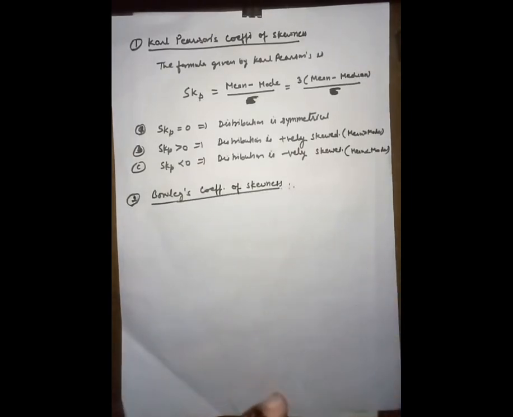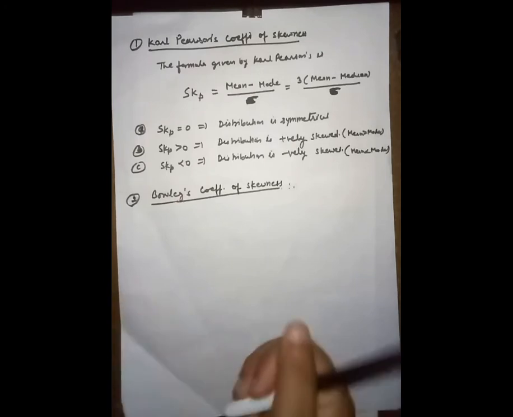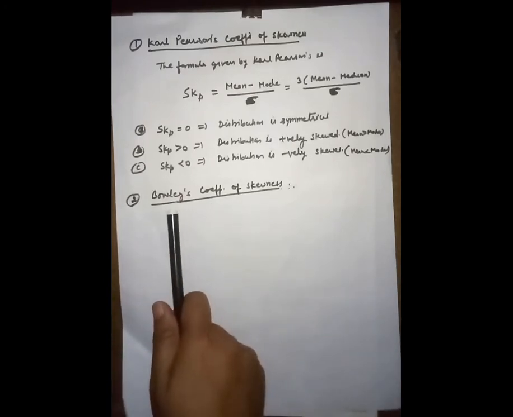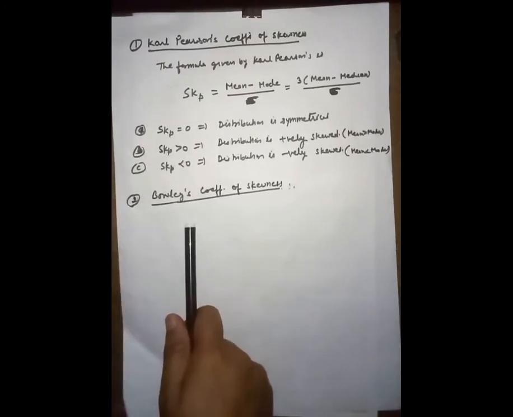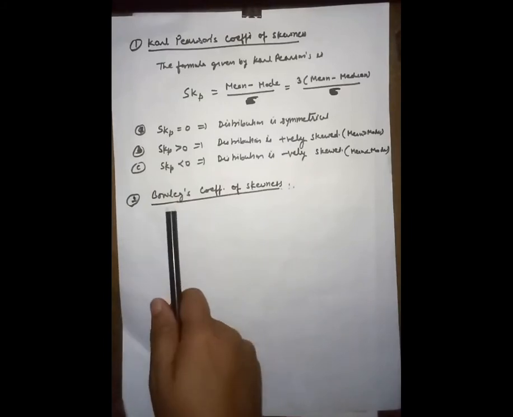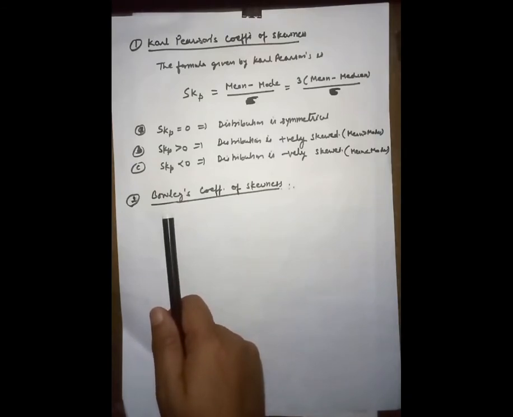Friends, Bowley is also a statistician and developed a measure of skewness which is based on quartile values. As you know this term quartile, because I talked about it in previous lectures.